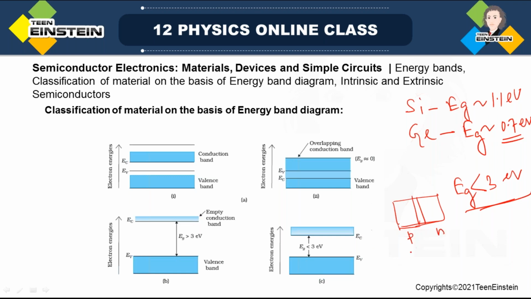So next day we'll learn what extrinsic and intrinsic semiconductors are, what p-type and n-type semiconductors are, and when p and n make a junction, that is called a p-n junction. We'll learn how a p-n junction is formed and what physics is there at the junction in the next class.